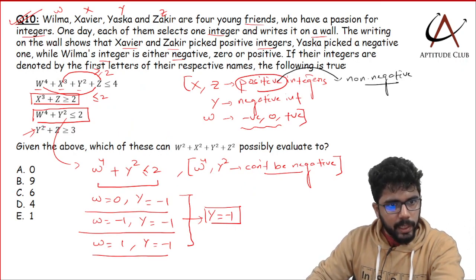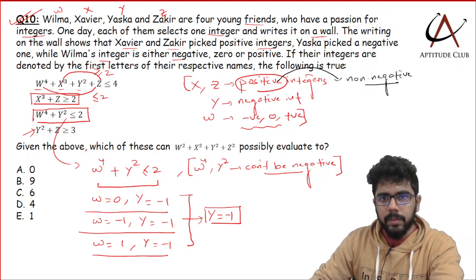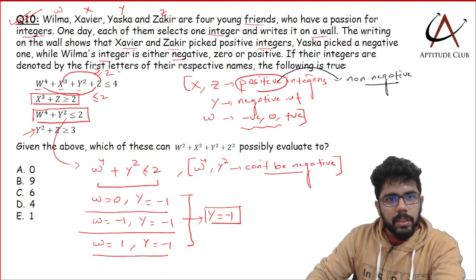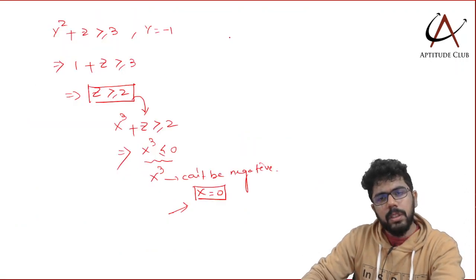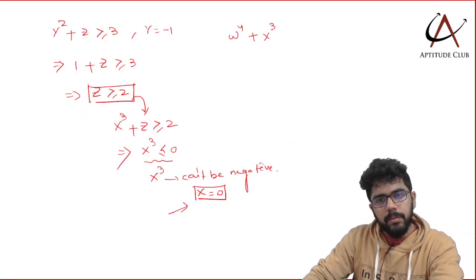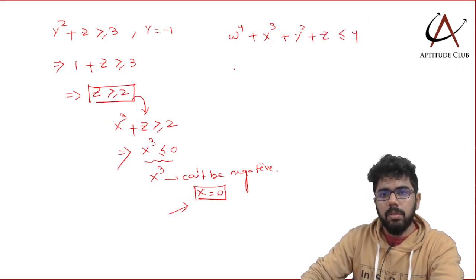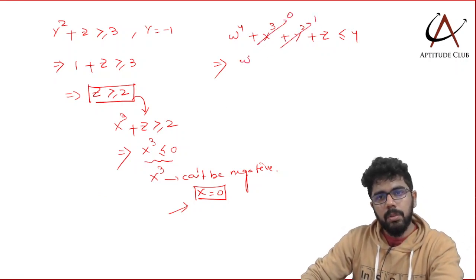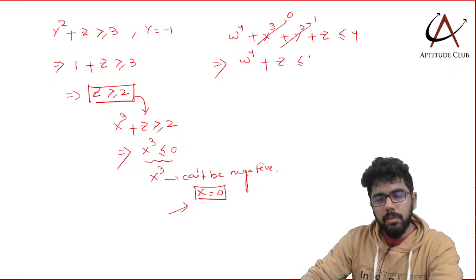and then y square plus z is greater than equal to 3. If the integers are denoted by the first letters, now look at this, I'll put this equation now, w to the power 4 plus x cube plus y square plus z is less than equal to 4. x का वैल्यू तो 0 है, तो x cube is 0, y square का वैल्यू is -1, so I get w to the power 4 plus z is less than equal to 3.